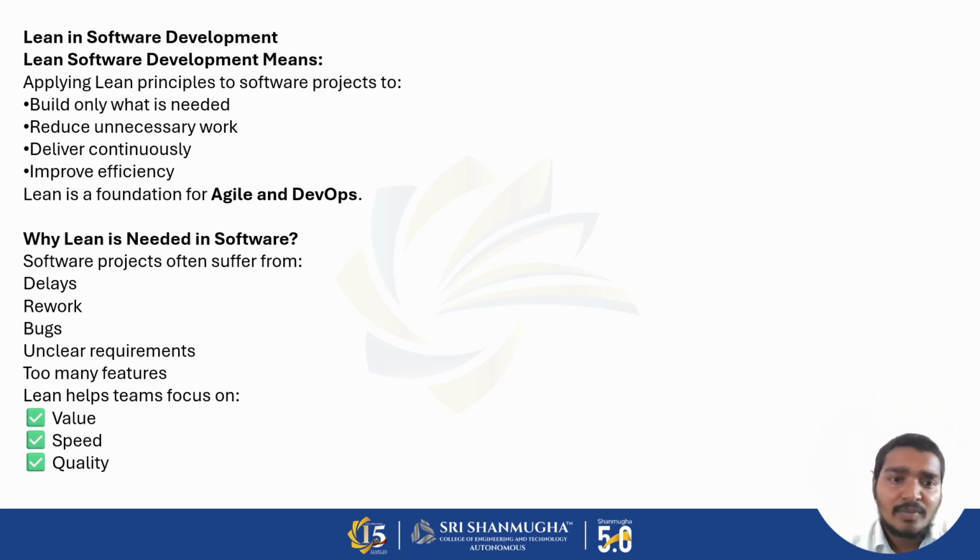Lean software development means applying lean principles to software projects to build only what the system needs, reduce unnecessary work, deliver continuously, and improve efficiency, and it led to the foundation of Agile and DevOps. The need: software projects often suffer from delays, rework, bugs, unclear requirements, and too many features.